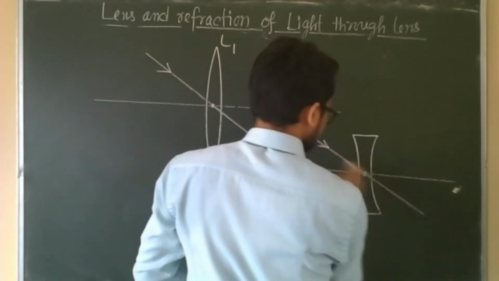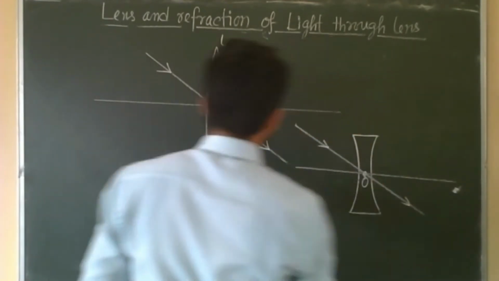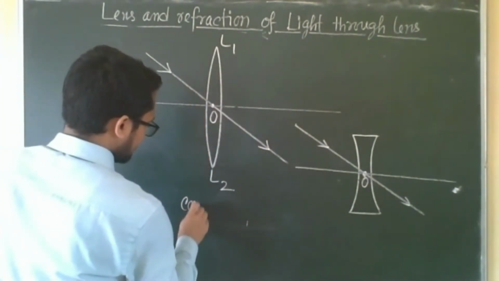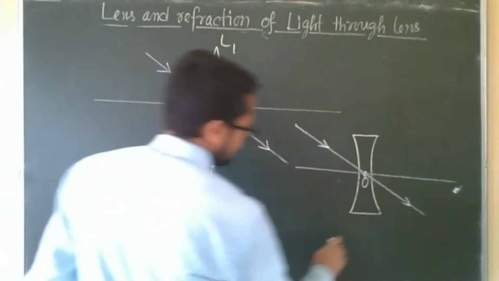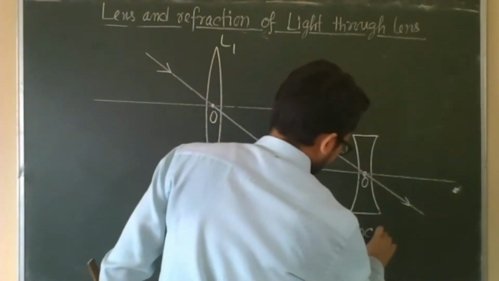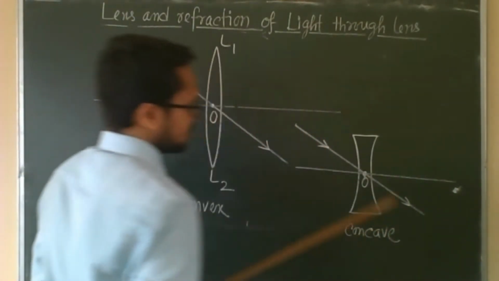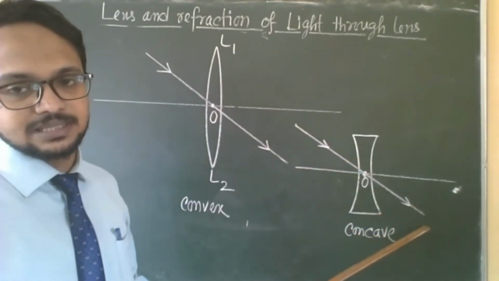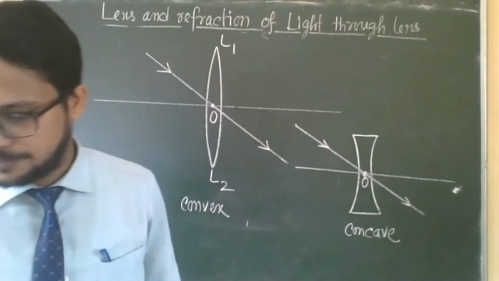This point is the optical center. This is for both convex lens and concave lens. The same thing will happen: when the light passes through the optical center without any deviation, it will come out. That means there will be no lateral displacement.